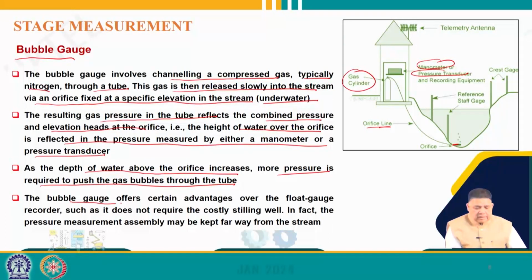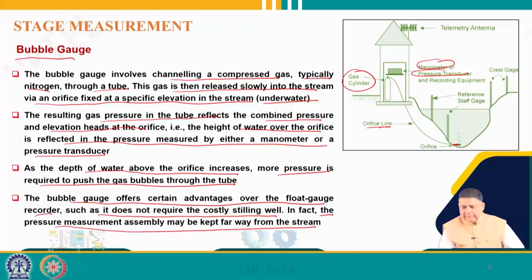The bubble gauge offers certain advantages over the float gauge recorder, such as it does not require the costly stilling well. In fact, the pressure measurement assembly may be kept far away from the stream. So, as we saw in the case of the automatic stage level recorder, we have to have a stilling well, and because we know that water level is maintained at the same level in the stream as well as in the stilling well, obviously that cannot be too far off from the stream, because the pipes are inserted from the stream to take the water to the stilling well.